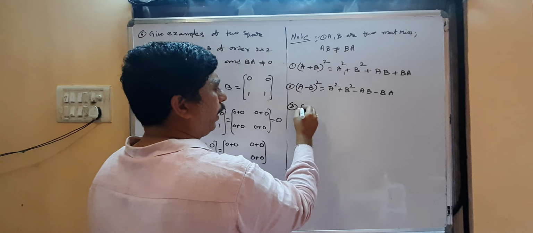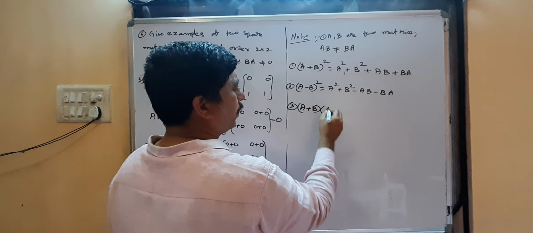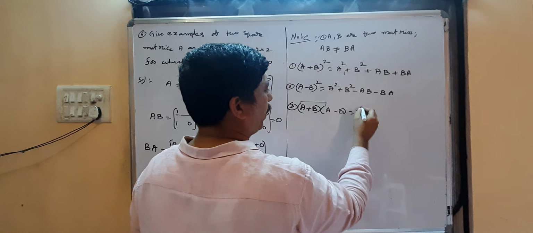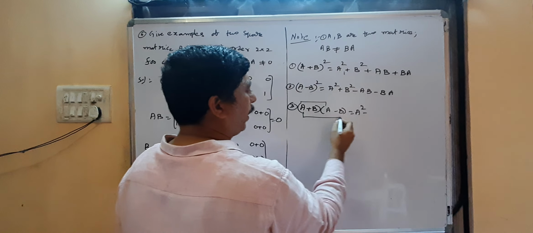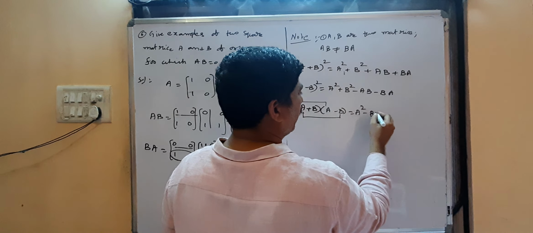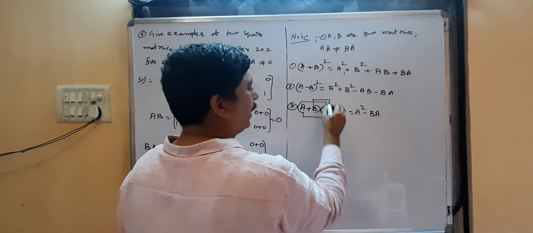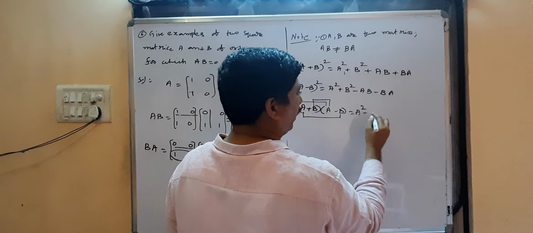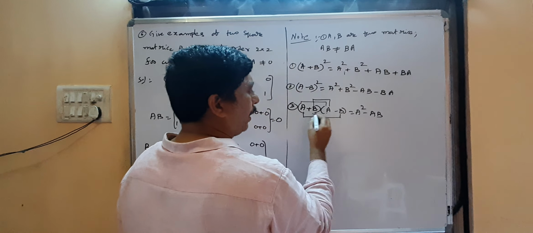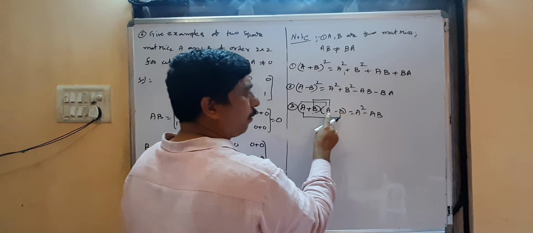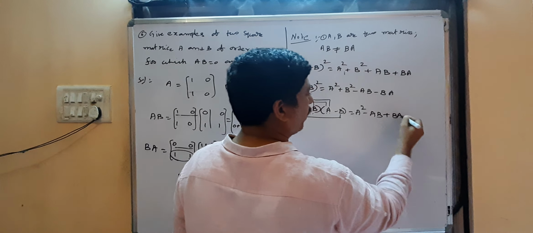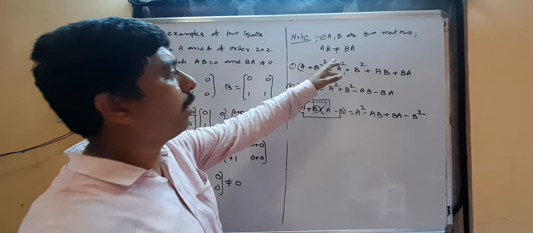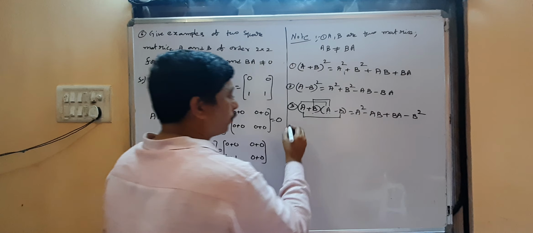Third one, A plus B into A minus B. Do the general multiplication: A into A is A square, plus into minus gives minus AB, plus into plus B into A gives plus BA, and plus into minus B square gives minus B square, when AB is not equal to BA.